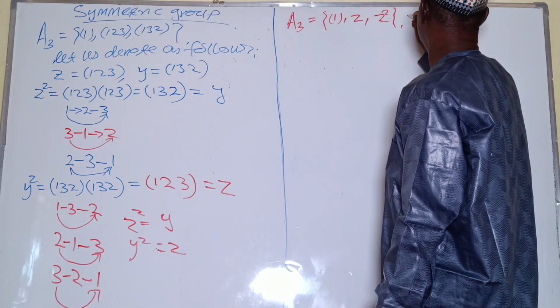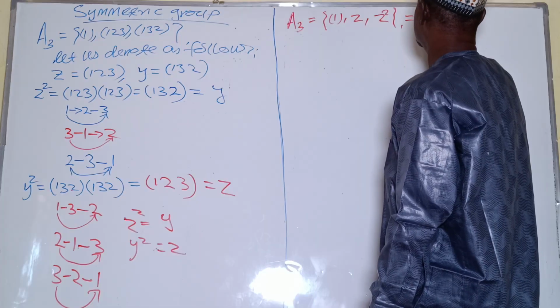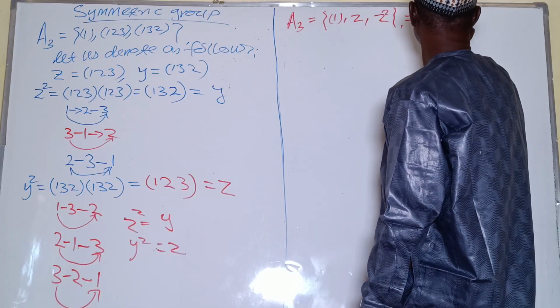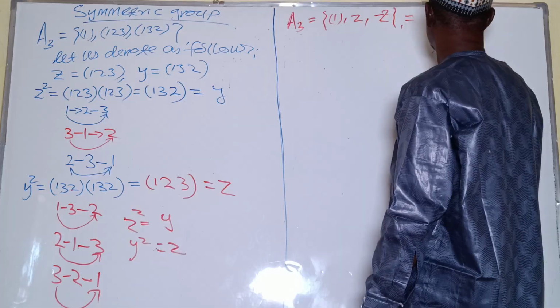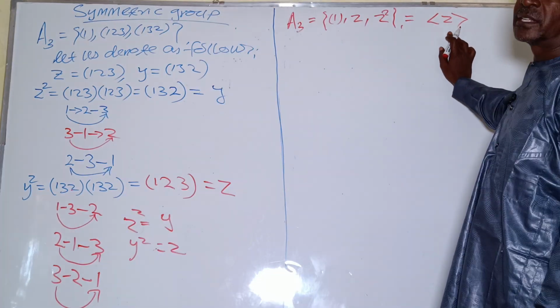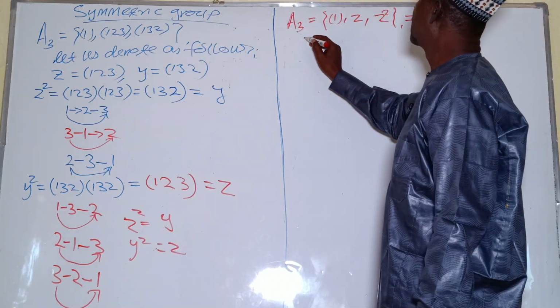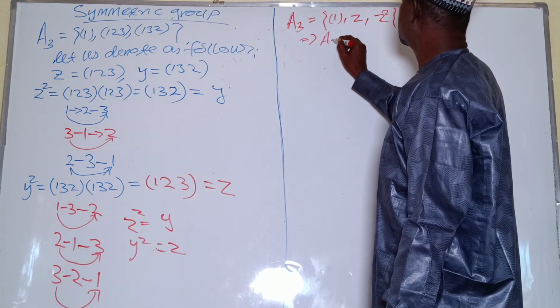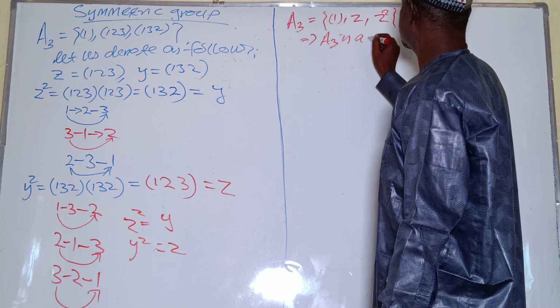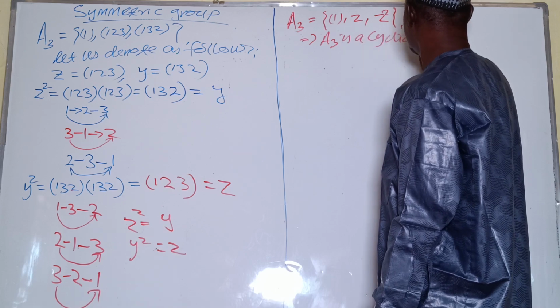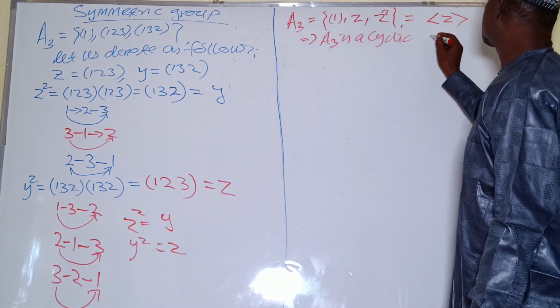So it simply means that this group is generated by Z. That means it is a cyclic group. This implies that A3 is cyclic, one of its special features.